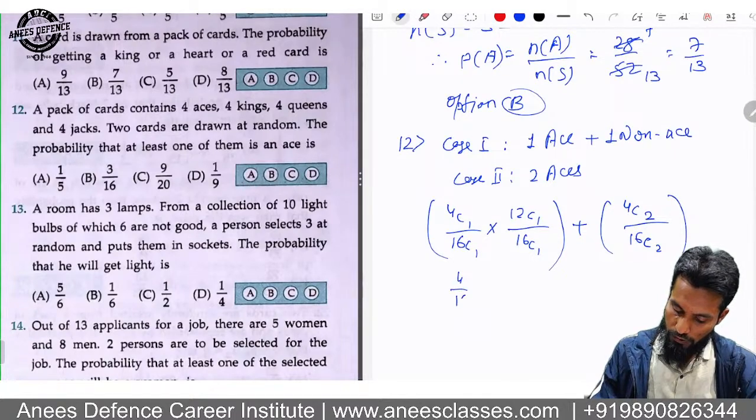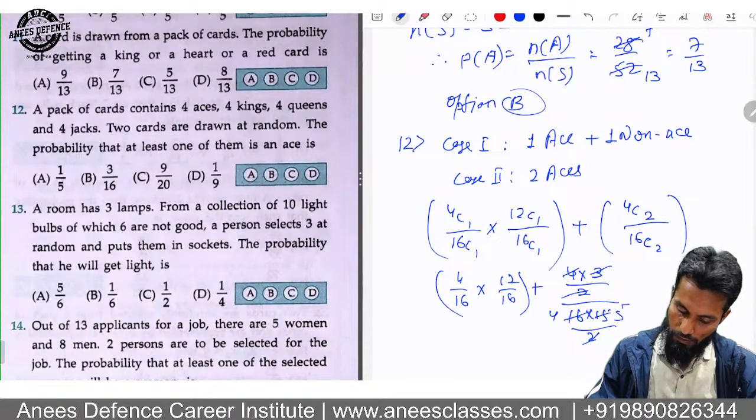So 4 by 16, multiplied with 12 by 16, plus 4C2, which is 4 into 3 upon 2, that is 6, divided by 16 into 15 by 2. This 2 will cancel each other. With 4 you can cancel this 4 times. With 3 you can cancel this 15 by 5. And again with 4 you can cancel this 16, 4 times.